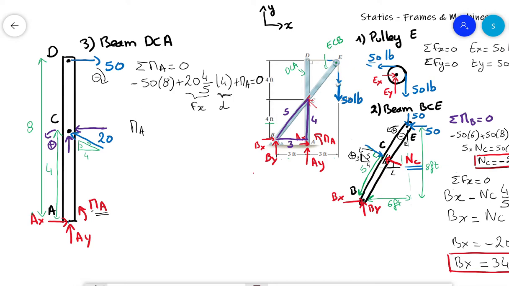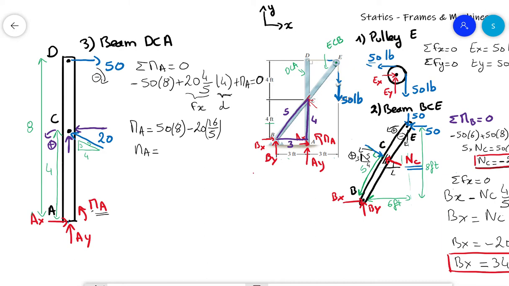So MA is equal to, I switch those two on the other side, 50 times 8 minus 20 times 16 divided by 5. So MA is equal to 400 minus 64.